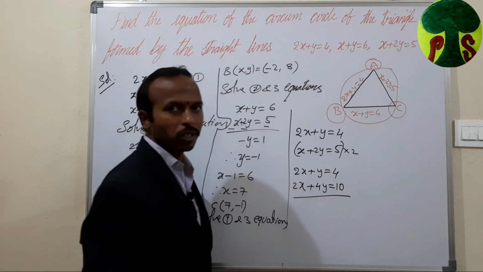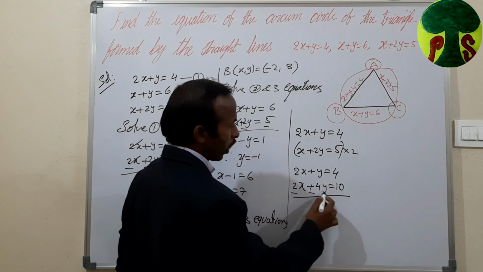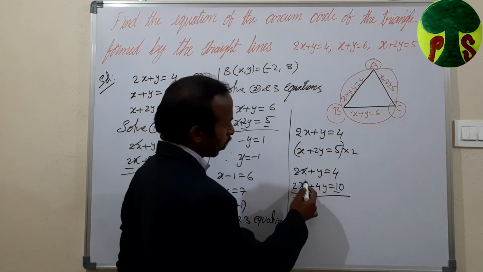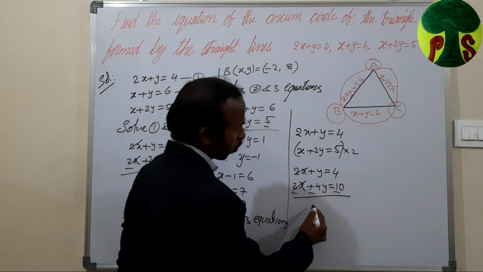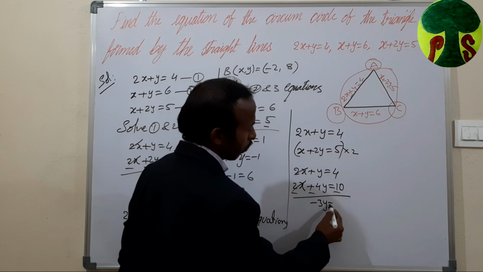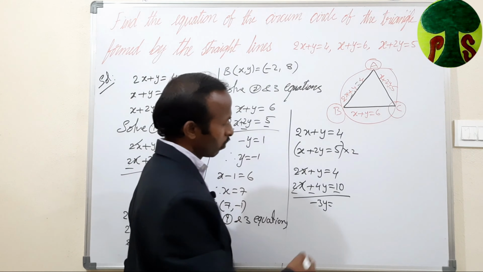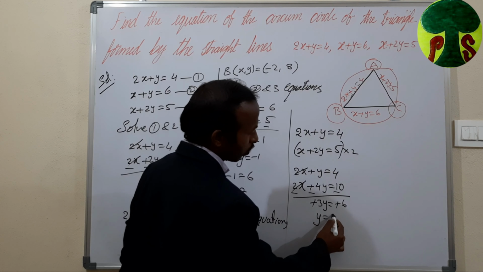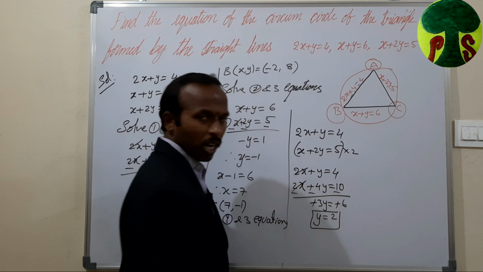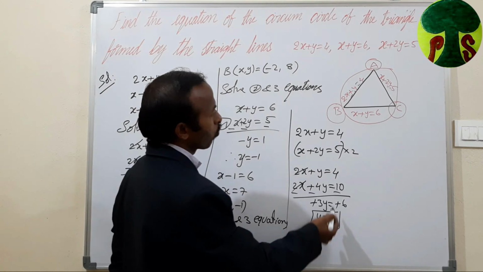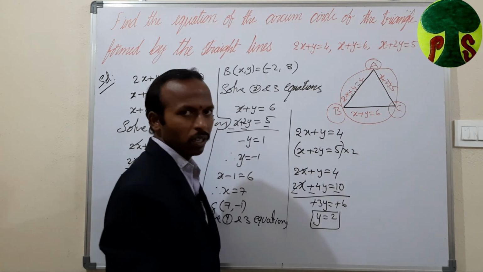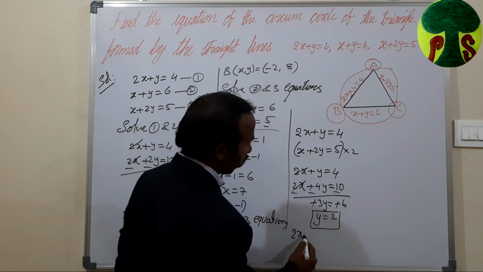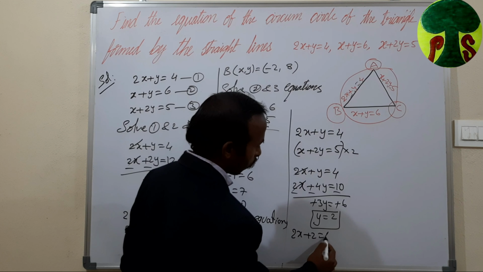Now we will subtract. So minus, minus, minus. During the subtraction we have to change the signs. So plus 2x minus 2x get cancelled. y minus 4y is minus 3y equals 4 minus 10 is minus 6. Minus minus get cancelled, y equal to 2. Substitute this in equation 1: 2x plus 2 equal to 4.